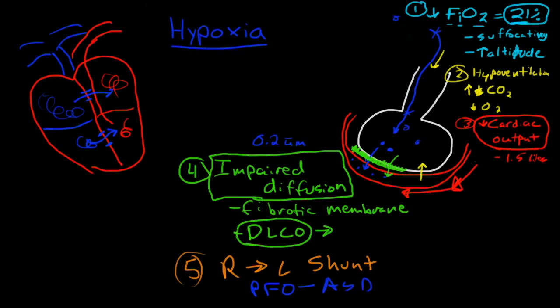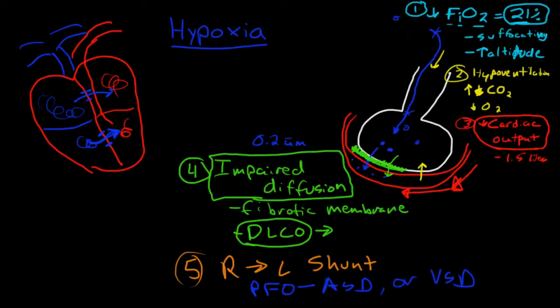It could be a ventricular septal defect, or VSD. And this is an anatomic shunt that causes the blood from the right side of the heart to mix with the left side of the heart.